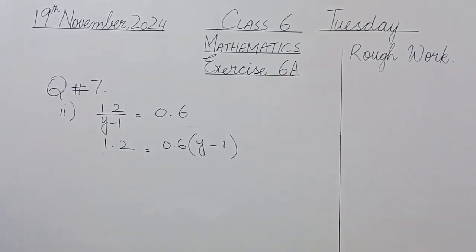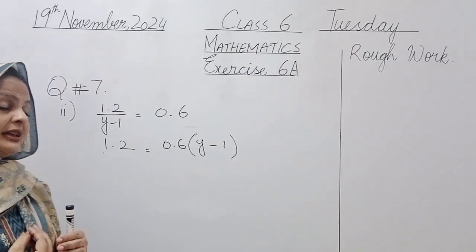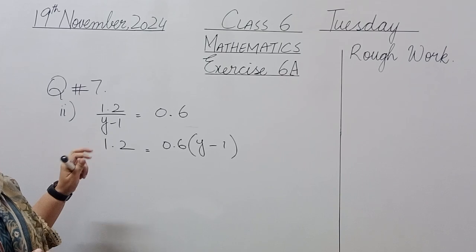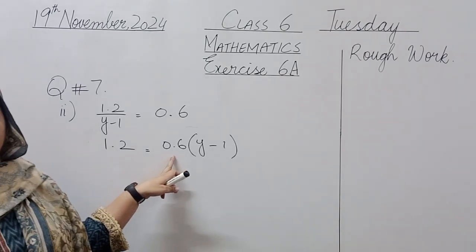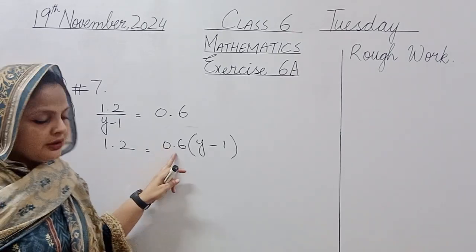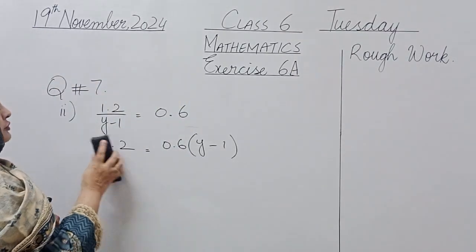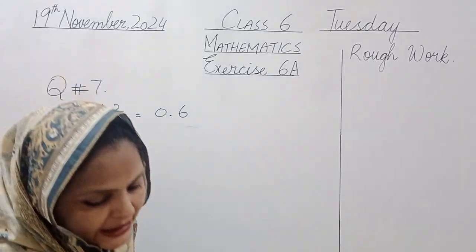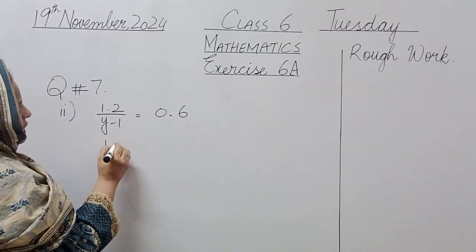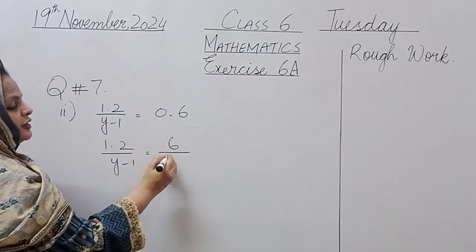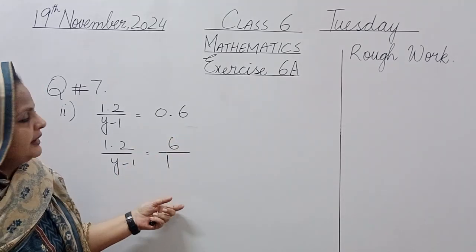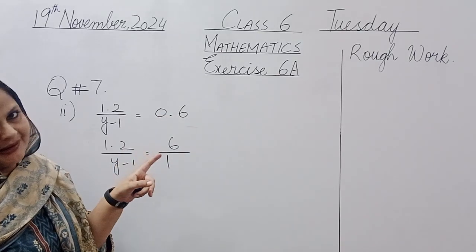Now it would be feasible and easier for us to change these numbers into fractional form first, before doing this step. We can make it more simplified and easy to understand that 1.2 over y minus 1 is equal to 6 over how many zeros will we add with 1 here when there is one number after a decimal?